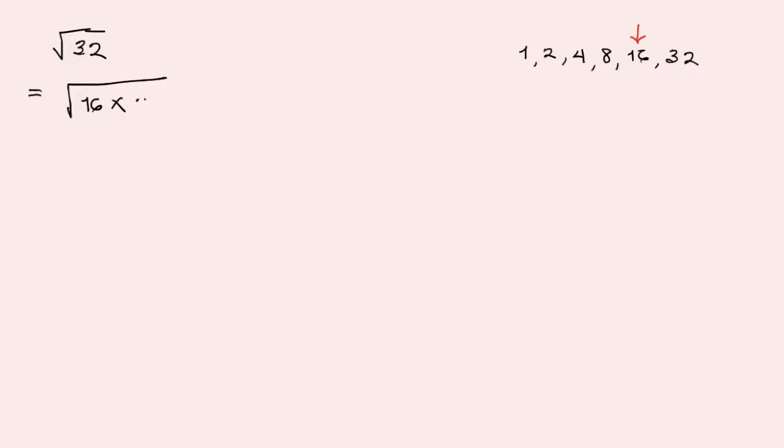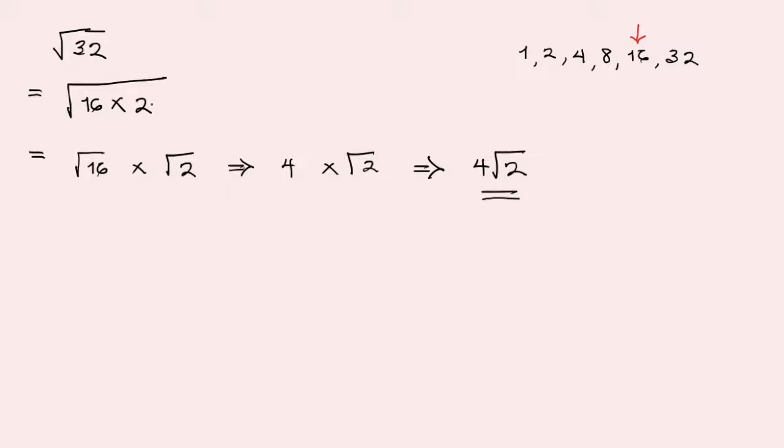That's 2. So this is the square root of 16 multiplied by the square root of 2, and the square root of 16 is 4, so this is 4 root 2. This is the simplest surd we can get from the square root of 32.